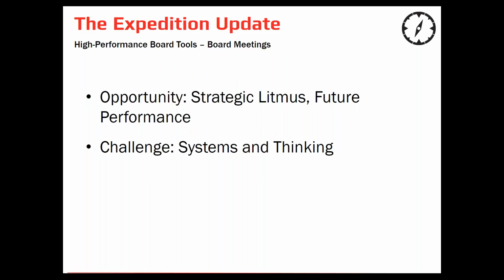Then we have another tool called the Expedition Update. I will share with you more of this as we go along. It is quite an interesting and complex tool that takes quite a lot of learning to unpack, but I wanted to just bring it into your awareness early on in the game so that we can just keep it in the back of our minds. The Expedition Update is a dashboard of strategic measures, and they are future performance measures.